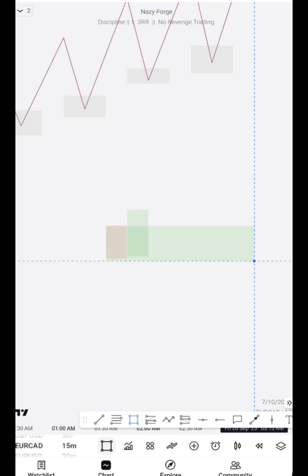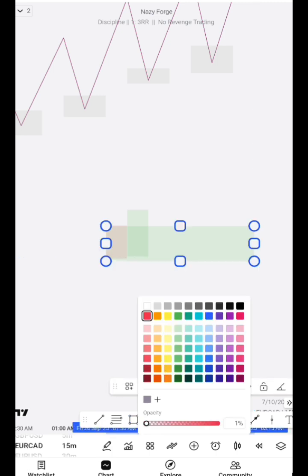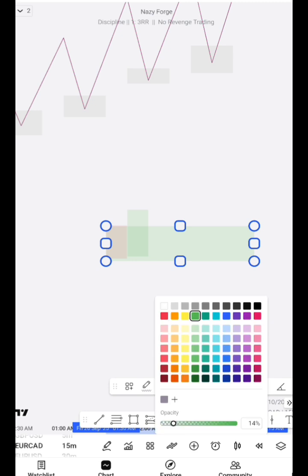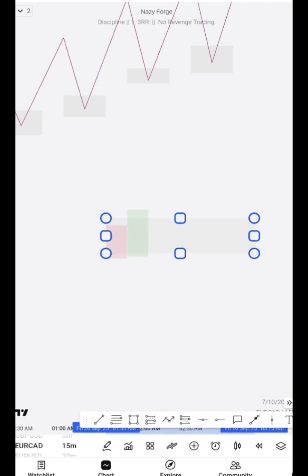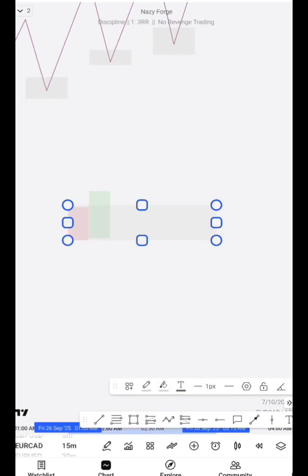Are you with me? You mark this point as your bullish order block. So this area here is what you call your order block. This is the last down close candle that is engulfed by an up close candle. This is how you identify your bullish order block.